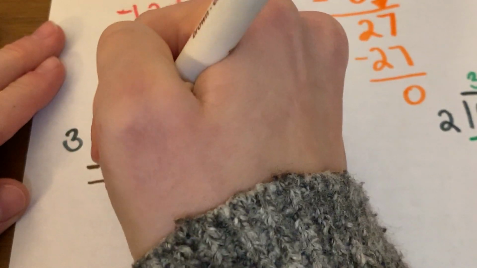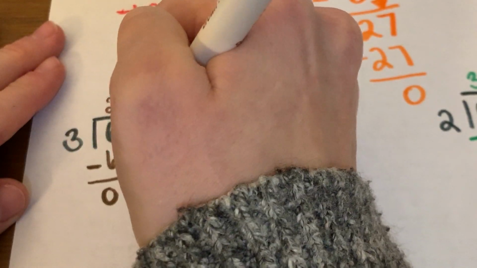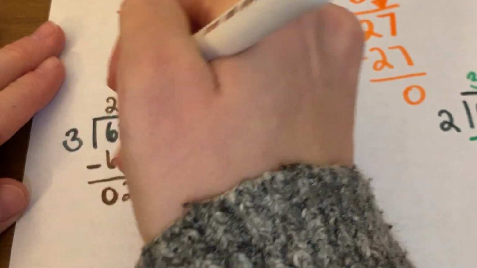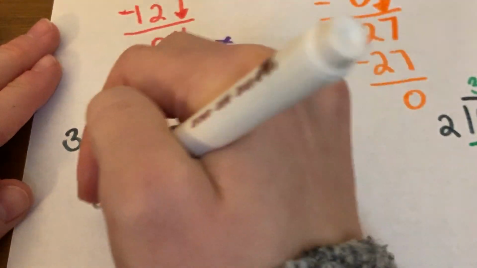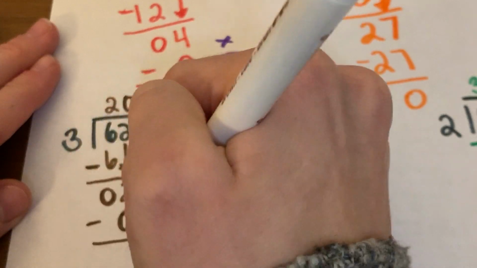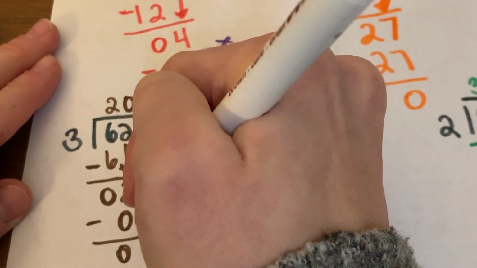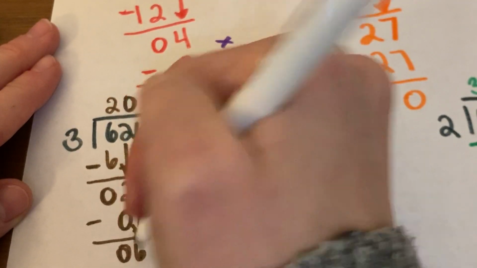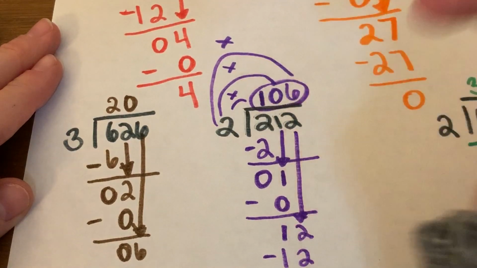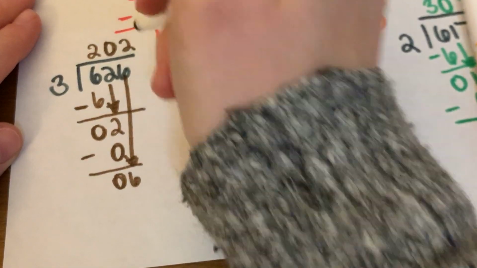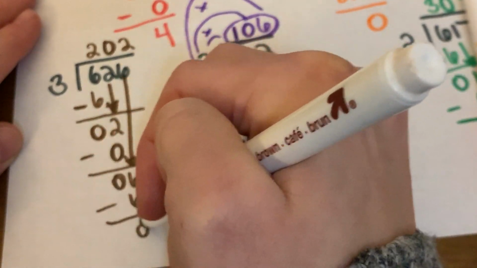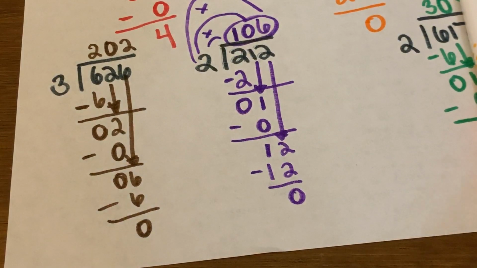So now I have 6, take away 6 is 0. Bring down the 2. 3 times what gives me 2? Nothing. It's too big. Take away 0. Bring down the 6. 3 times what gives me 6? 3 times 2 again. Take away 6, and I have 0.